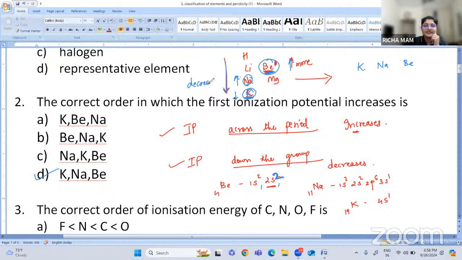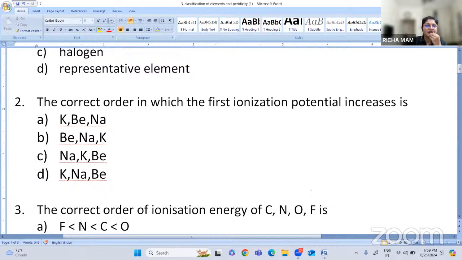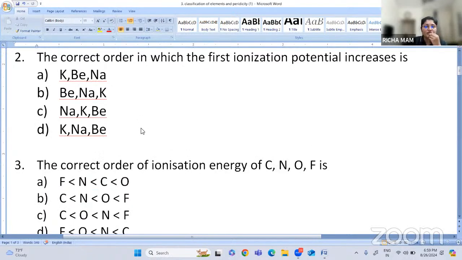So sodium ionization potential will be more compared to potassium. First will be potassium, then sodium, and then beryllium. Beryllium will be highest, then sodium, and the least will be potassium. So option number D is the answer. I hope this is understood. Okay, let us go for the next one.